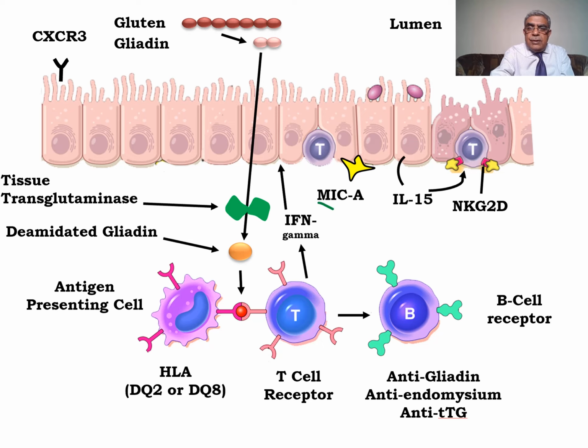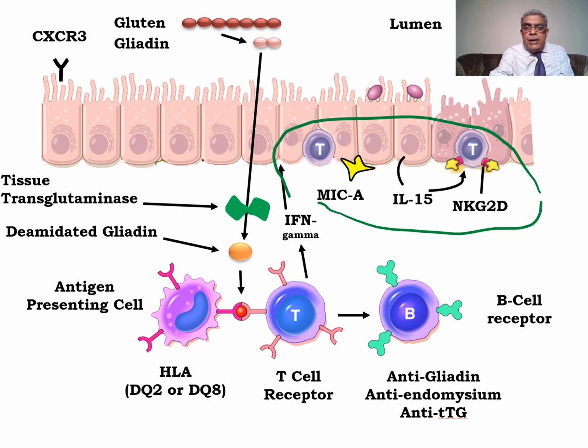This is the whole thing written here. You can see that gliadin stimulates the enterocytes to produce interleukin 15, and this interleukin 15 triggers NKG2D on the intraepithelial lymphocytes, which are CD8 T cells.